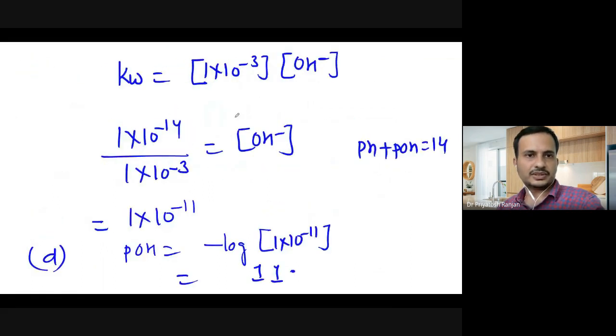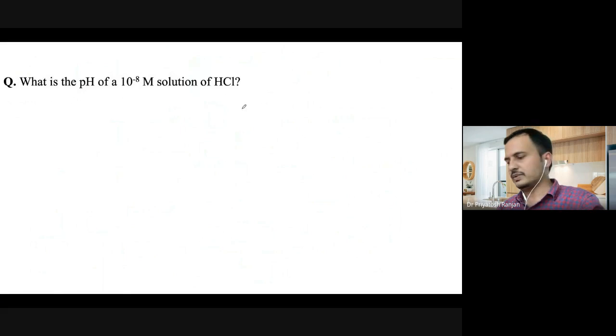Now we'll come to the second question. We'll first try to read the question very carefully and then we'll try to solve it. So what has been asked in this question is the pH of a 10 raised to the power minus 8 molar solution of HCl.